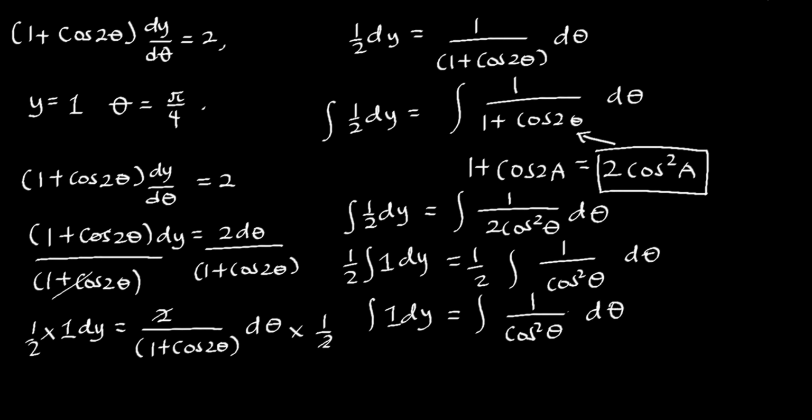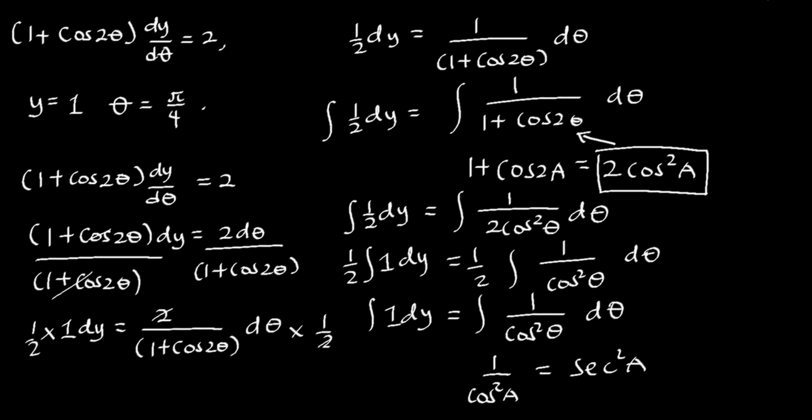Okay, so at this point, to make the integration simple, I'm going to introduce another identity. You are going to have this identity: 1 over cos squared of a is equal to sec squared of a. I'm going to use this identity for the term on the right hand side so that the integration will be easy for us.